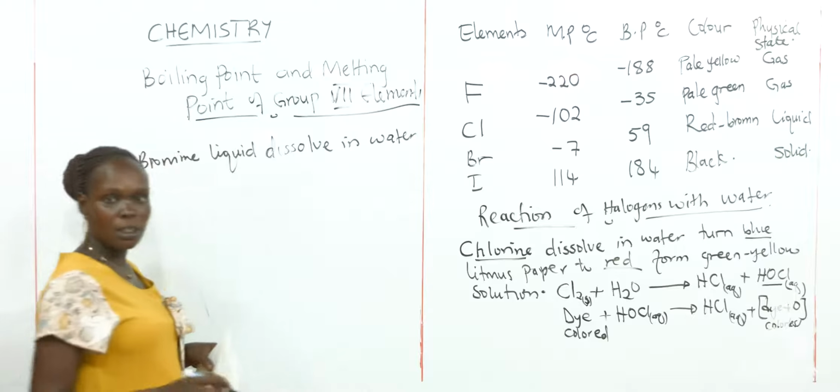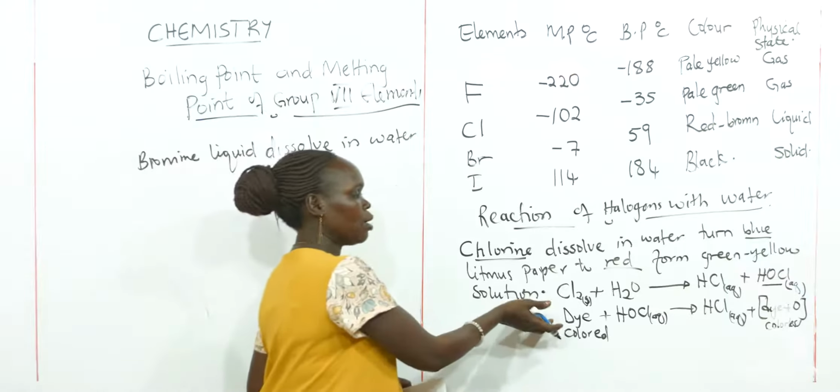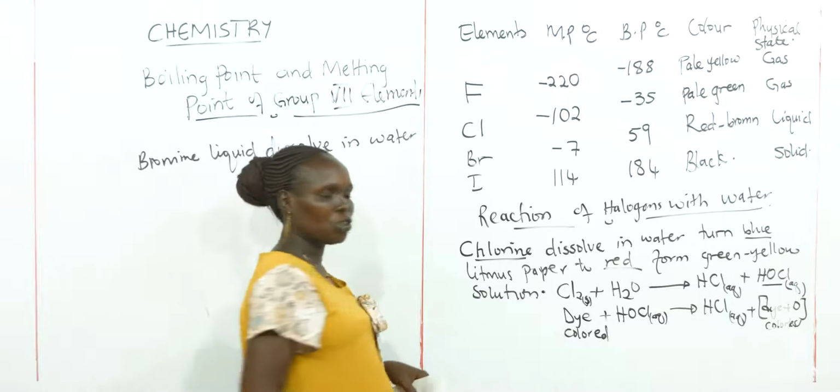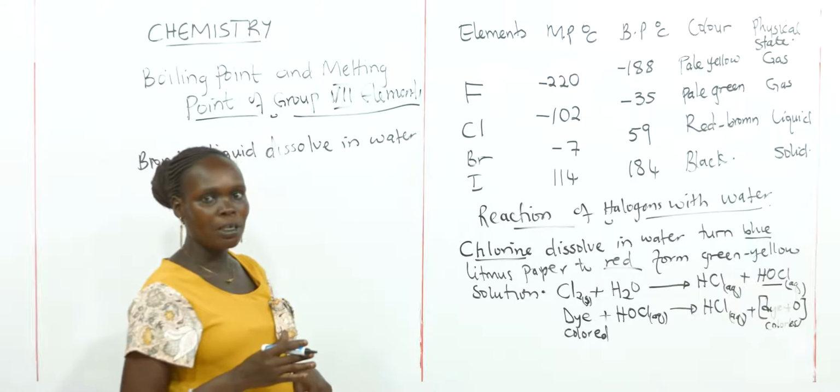We are going to have the same reaction, related to the same reaction here of chlorine with water. Why? Because they are all halogens, and we have not started with the fluorine. Why? Because fluorine is the element which is the highest reactive among the halogens. So in this case, we are going to omit fluorine.